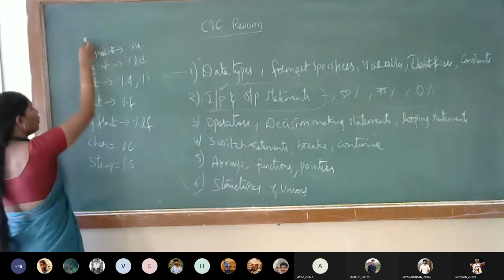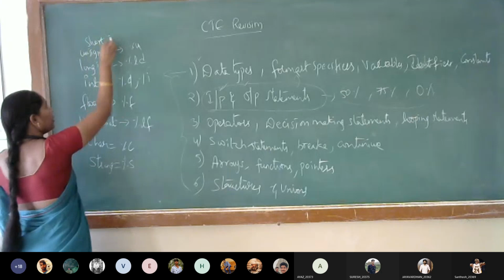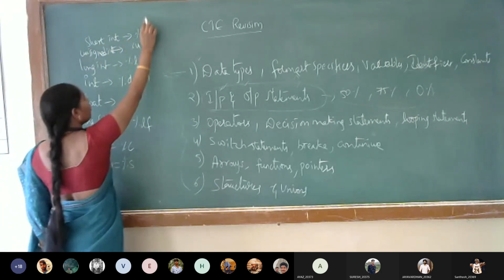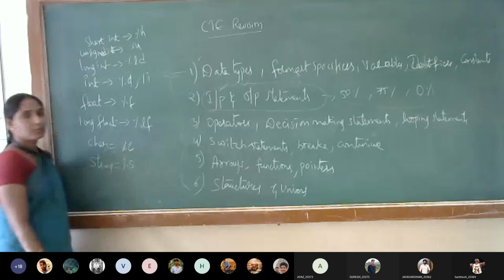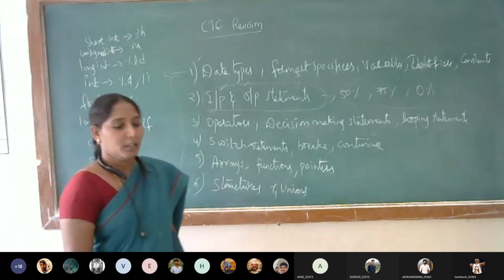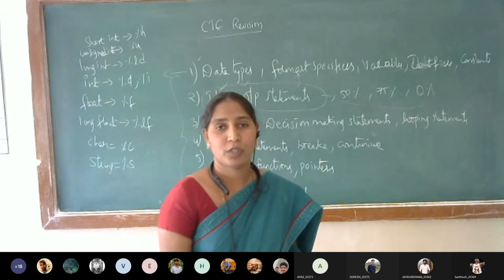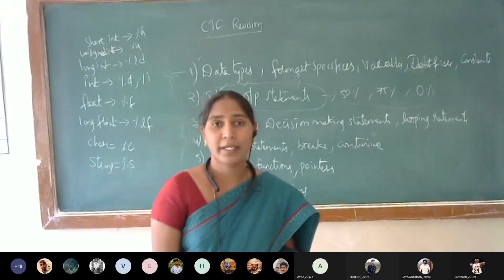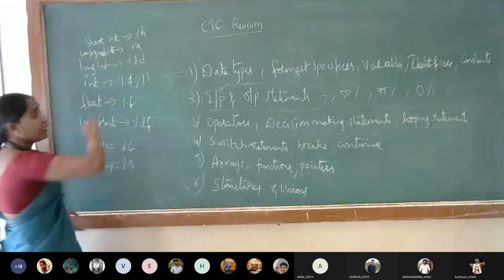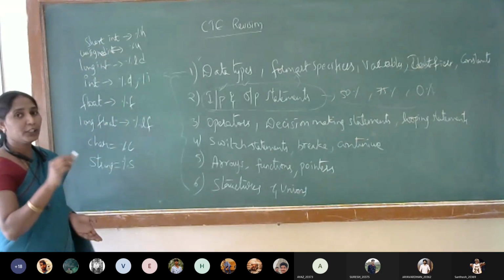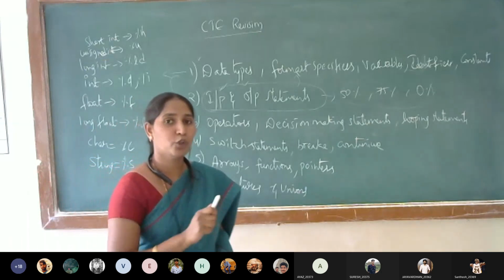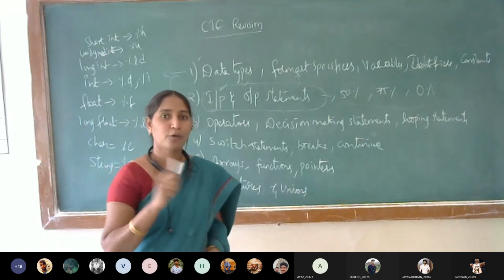If I'm specifying the data type as short int, I'll use h. In the same way, we have integers of different types: octal numbers, hexadecimal numbers. Octal numbers are a collection of digits from 0 to 7: 0, 1, 2, 3, 4, 5, 6, 7.